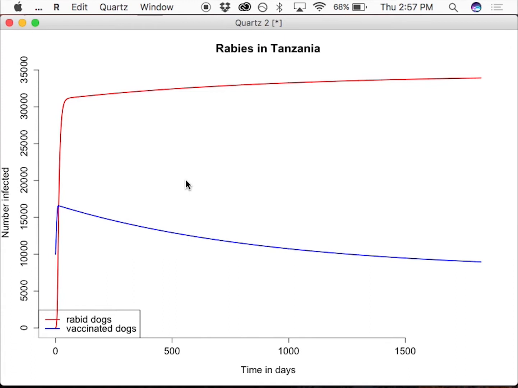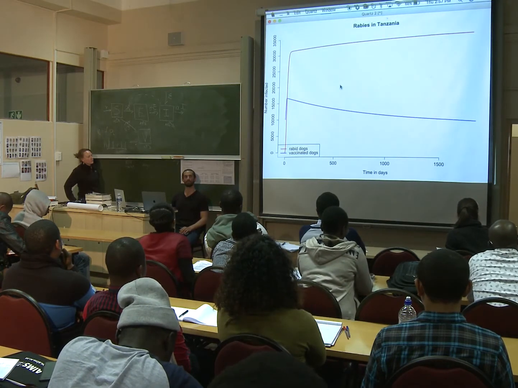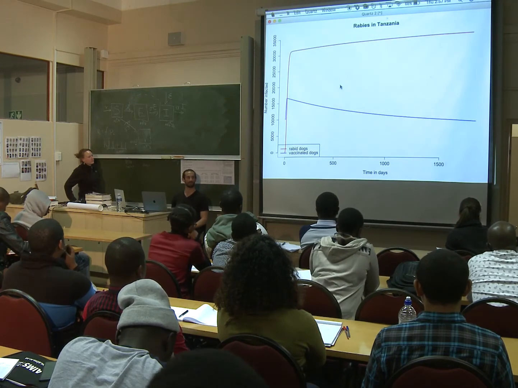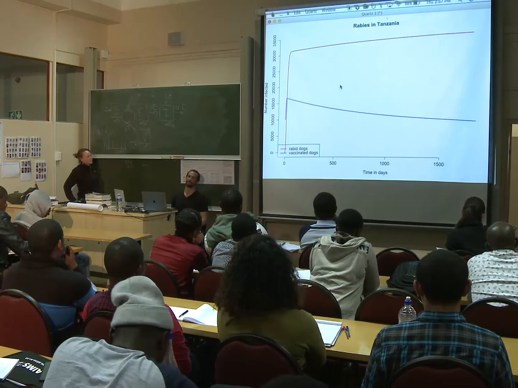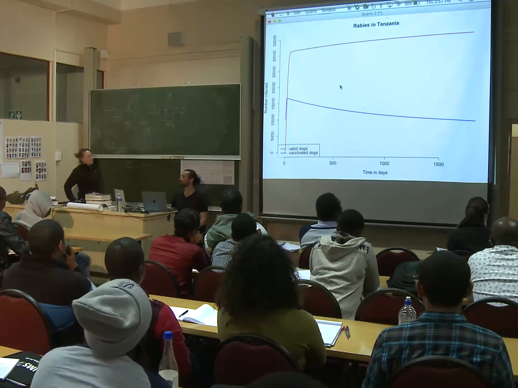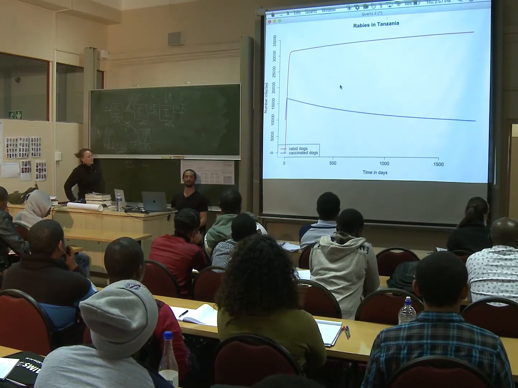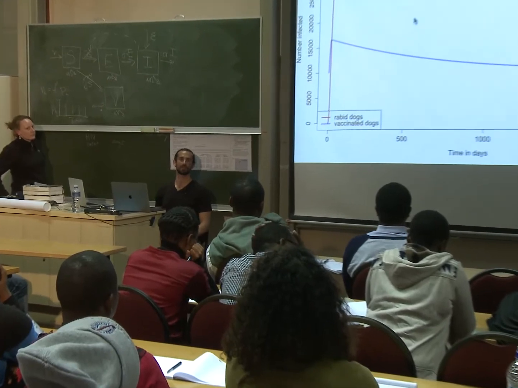So why don't we do a sensitivity analysis where we look at the trajectories for a bunch of different vaccination rates. Okay, so we said we are vaccinating dogs on average after 100 days, I think. So maybe let's see how that parameter affects things.